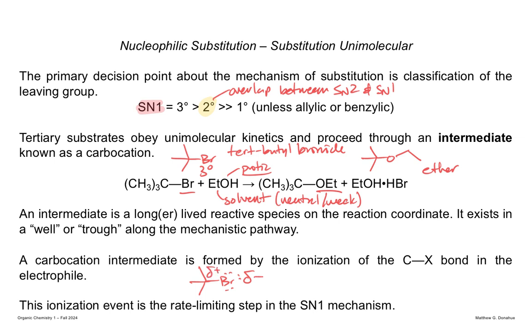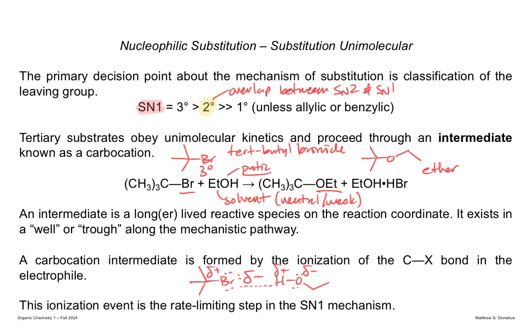The protic nature of the solvent is going to be attracted to that delta minus, and it's going to start tugging on the carbon-bromine sigma bond. So I'm going to draw that with that dashed line to indicate like a hydrogen bond.